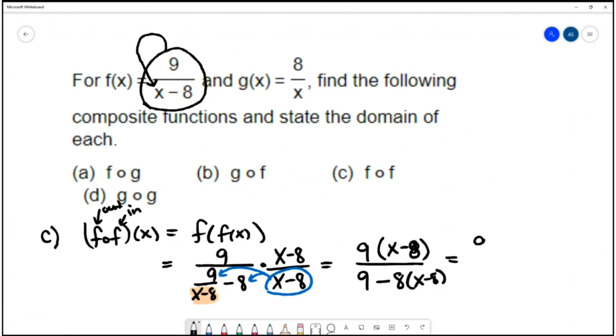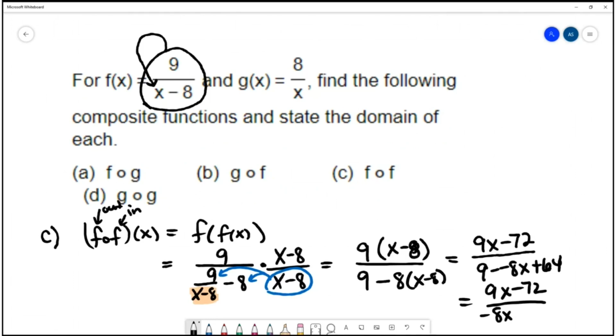Now I'll simplify. I've got 9x minus 72 and 9 minus negative 8x plus 64. That's 9x minus 72 over negative 8x plus 73.